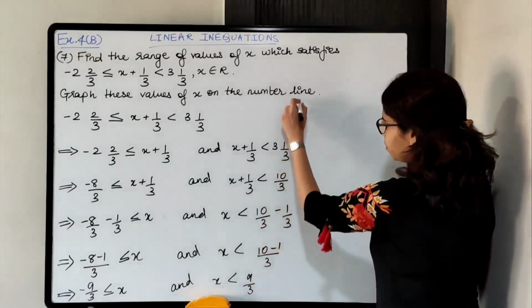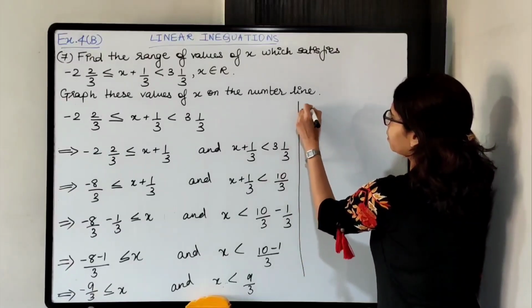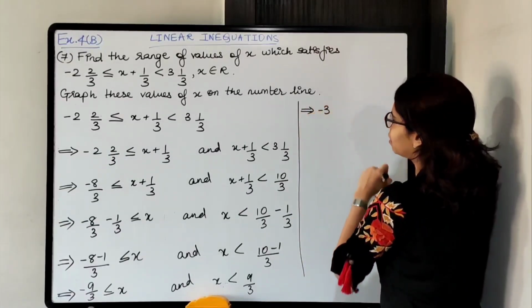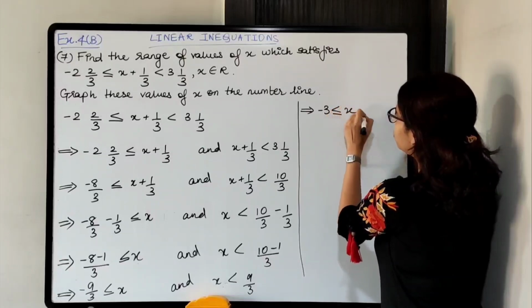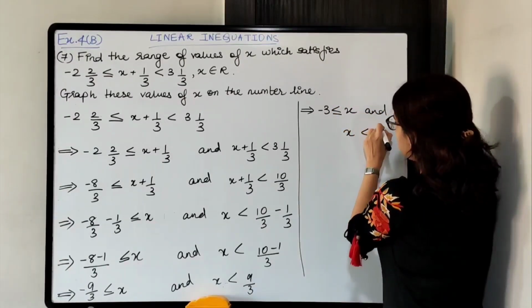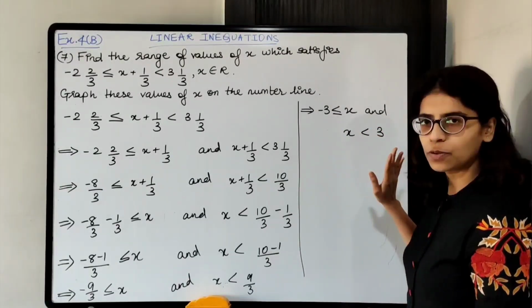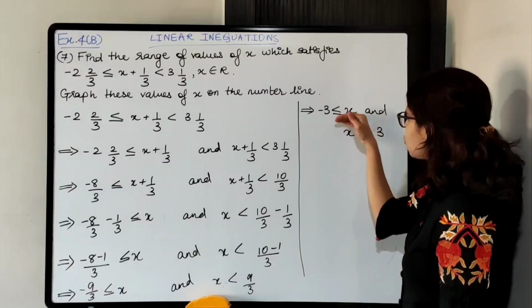So minus 9 by 3 क्या हो जाएगा? It will be minus 3 is less than or equal to x, and x is less than 3 है ना? So we are getting these two. Okay, solve करके ये दो range मिल रहा है.